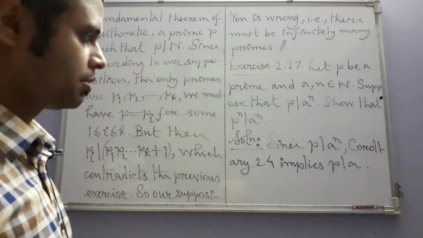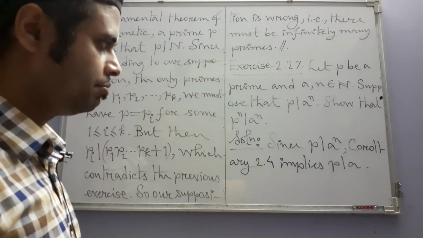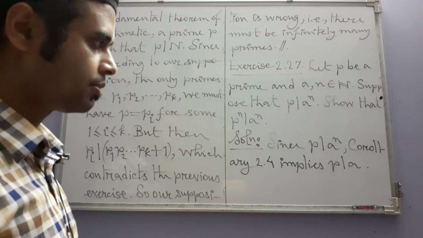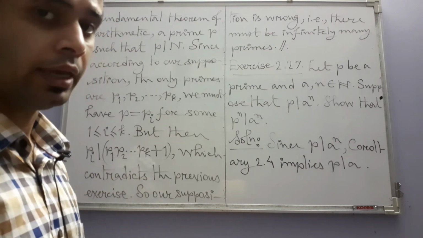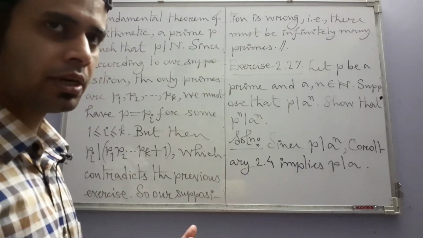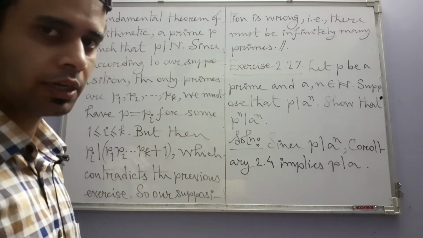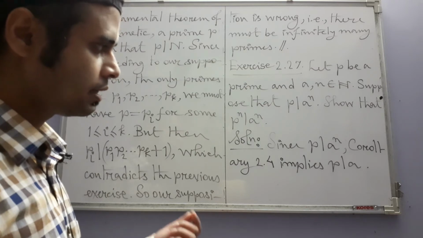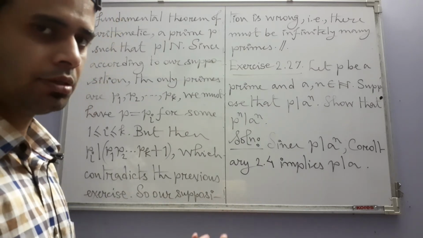Why? Because p divides a product of n number of a's. That corollary says that if p divides such a product, then p has to divide at least one factor. In this case, all the factors are a, so p must divide a.